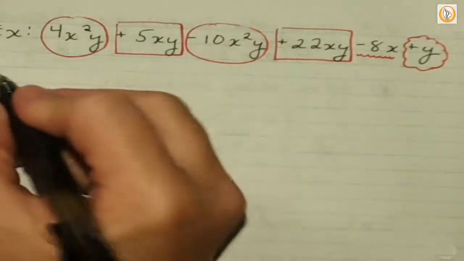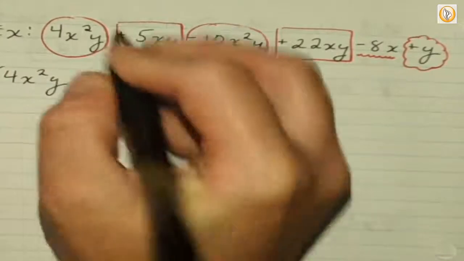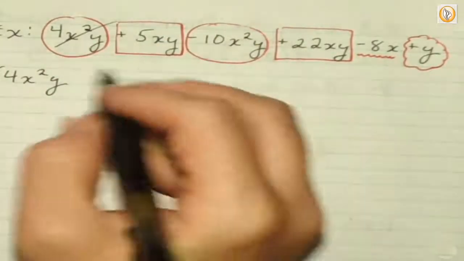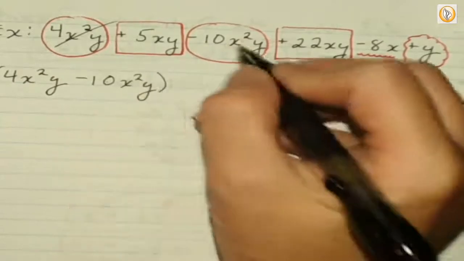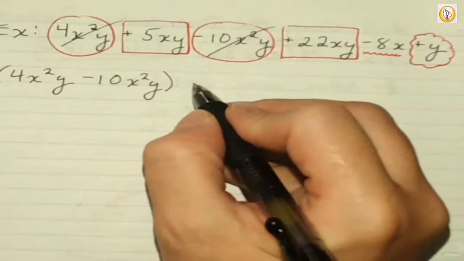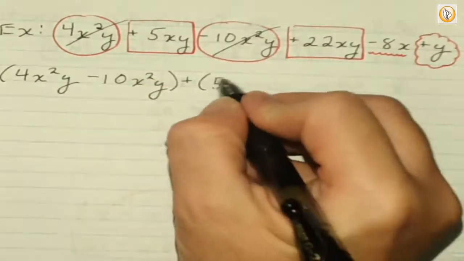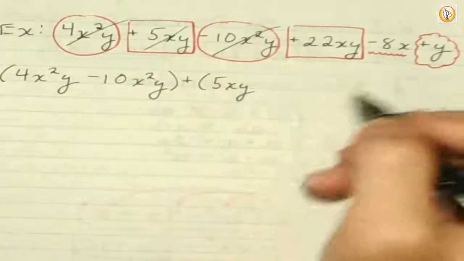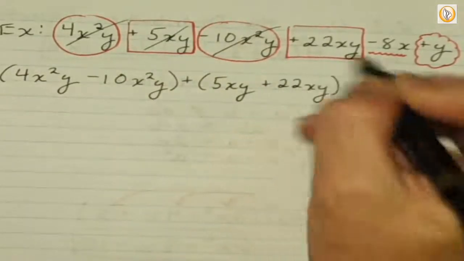Okay, so here we go. 4x squared y, cross it out. Here's my other circle, minus 10x squared y, in parentheses, cross it out. What do I put in between the parentheses? A plus. 5xy, cross it out. Plus 22xy, cross it out.